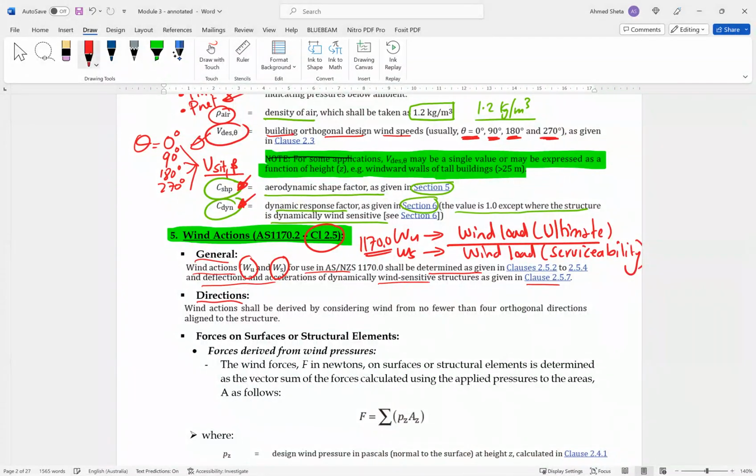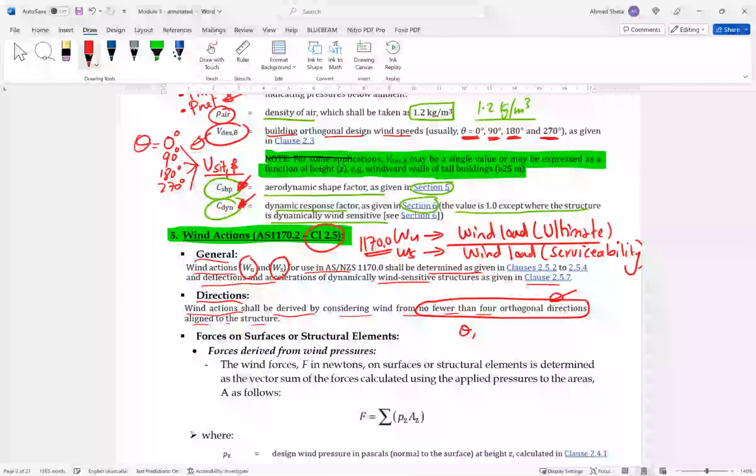The direction of the wind actions shall be derived by considering wind from no fewer than 4 orthogonal directions aligned to the structure. So the standard requires calculating the wind in 4 directions at least, as mentioned before, theta equal to 0, 90, 180, 270.